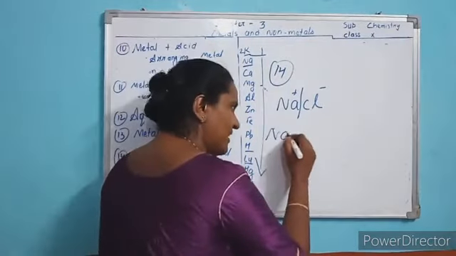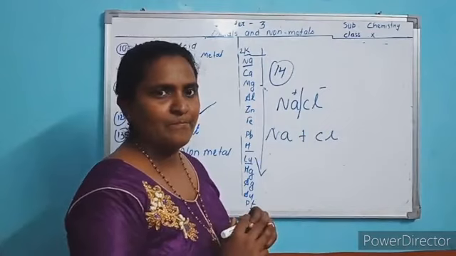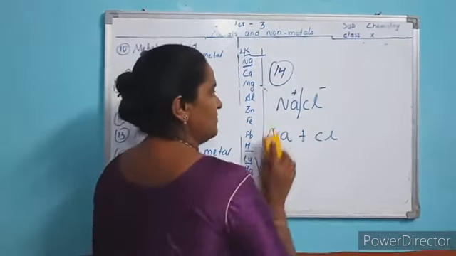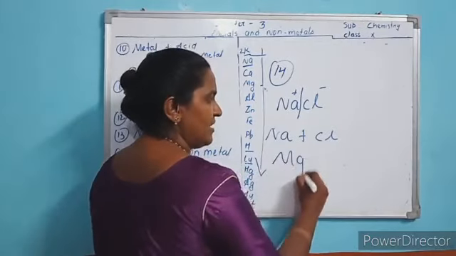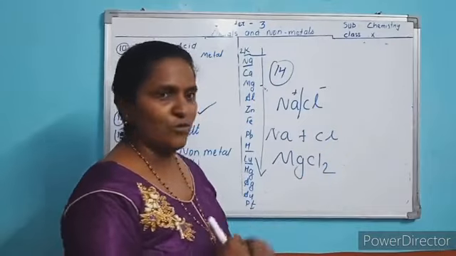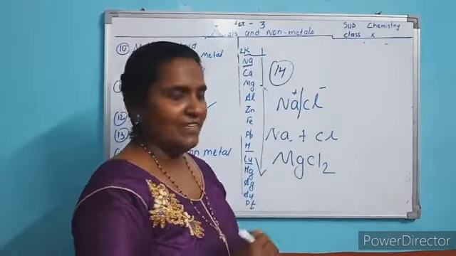It is formed from Na with Cl. Okay, NaCl. Another example is MgCl2. Mg reacts with 2 chlorine. Here Na reacts with 1 chlorine, NaCl.